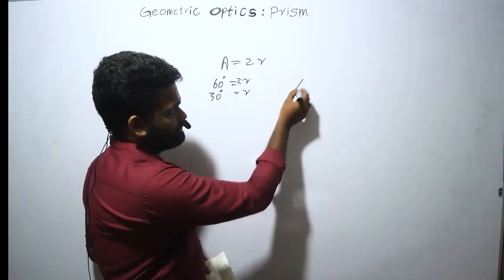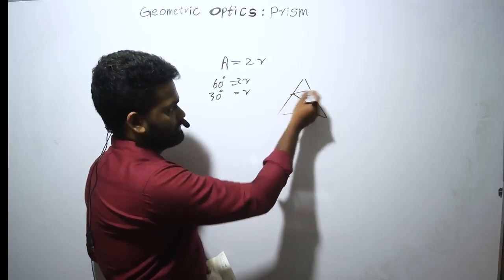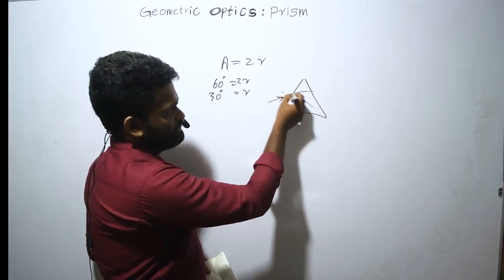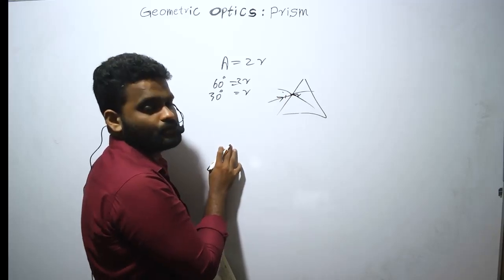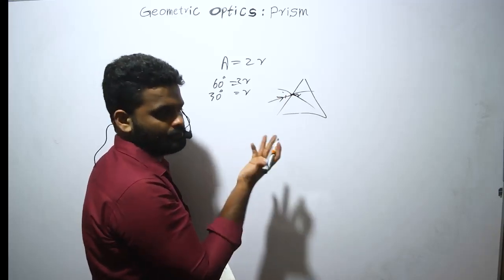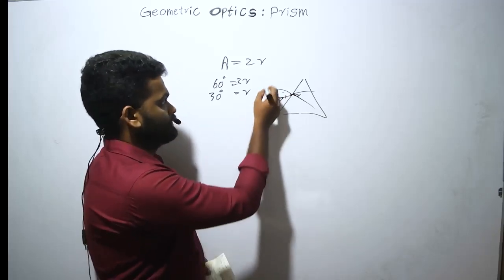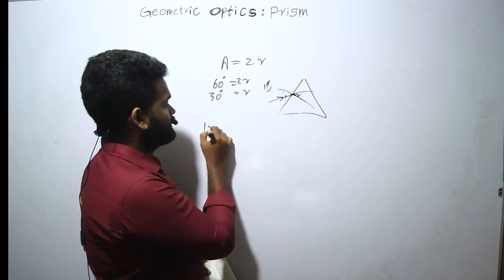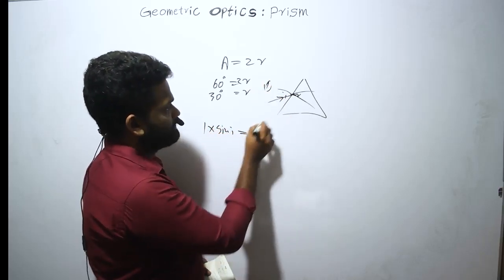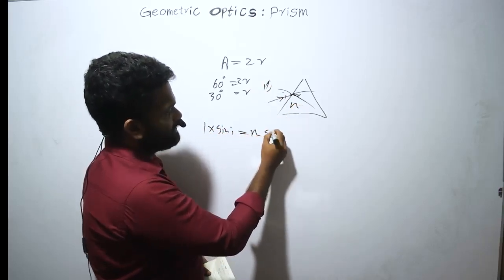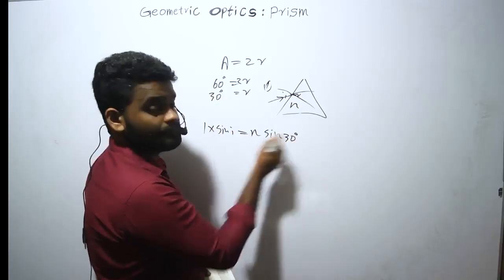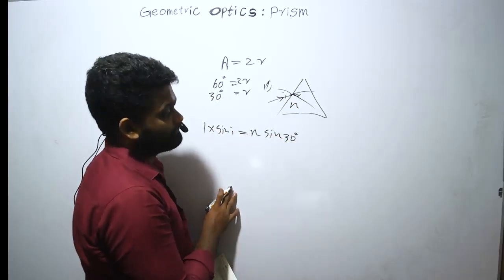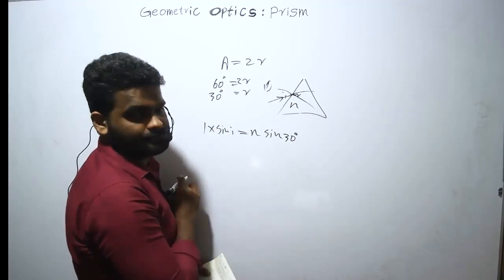Because we know r for the ray, then you can find I. If you know r, you can find I using Snell's law. There's no other way, right? You need to go for Snell's. So what is that? 1 times sine I equals n sine r. Sine r means sine 30, right? Sine 30. Found r.